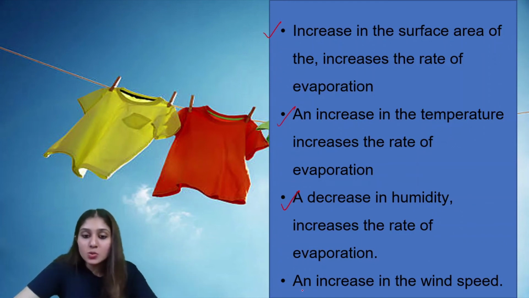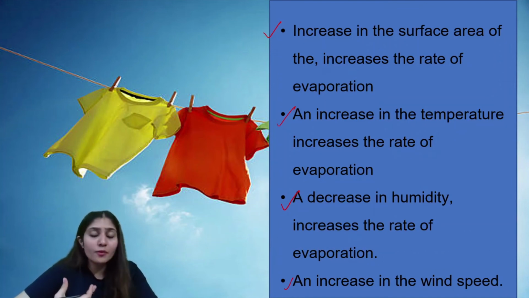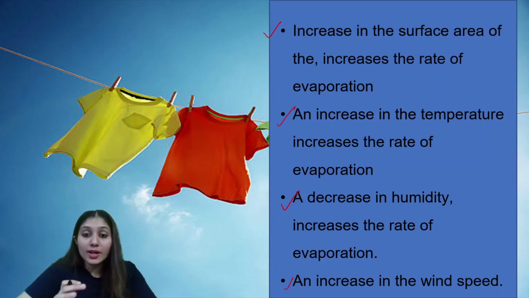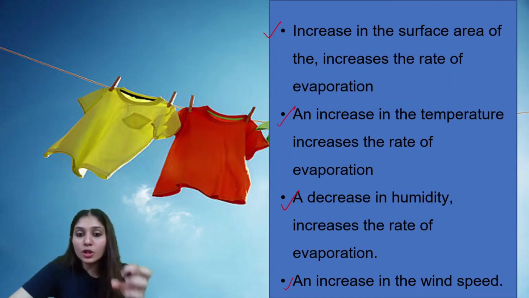Okay, and the last one is an increase in wind speed. So what will wind speed do? It's a very easy phenomenon that on a windy day, the clothes will very easily dry up. The reason is that the wind is just trying to take away all the water vapor which is present near your shirt. Okay, and that is why the water molecules which come out of your shirt will easily escape out, which was not happening in case of humidity.